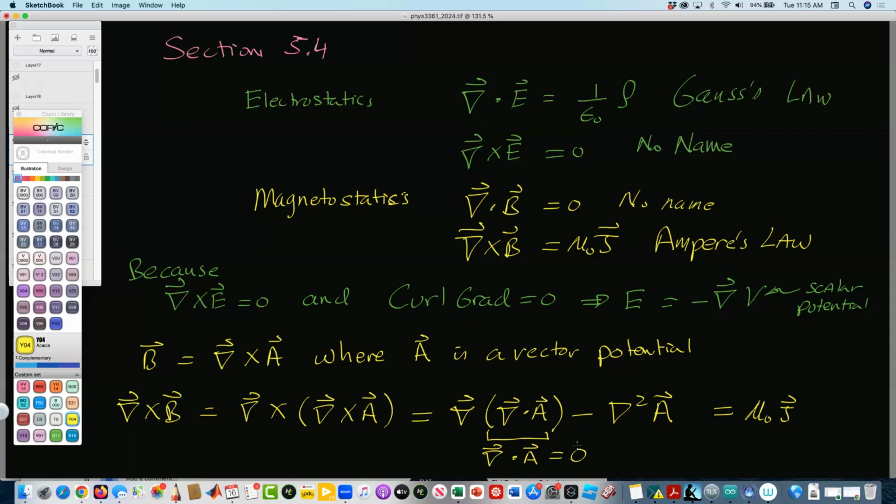So what that does is give us an equation that looks a lot like Poisson's equation. It's really Ampere's law, though, just FYI, so this gives us another version of Ampere's law.